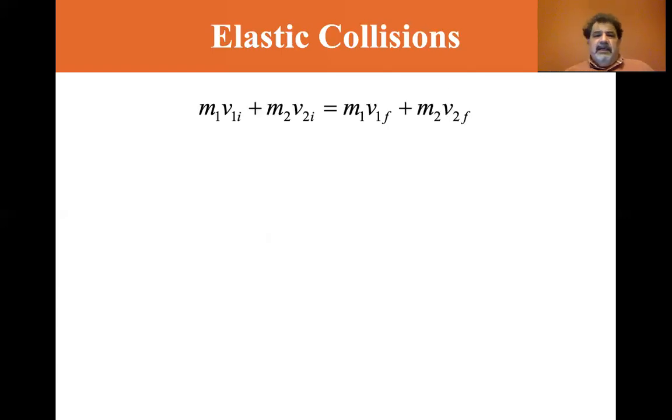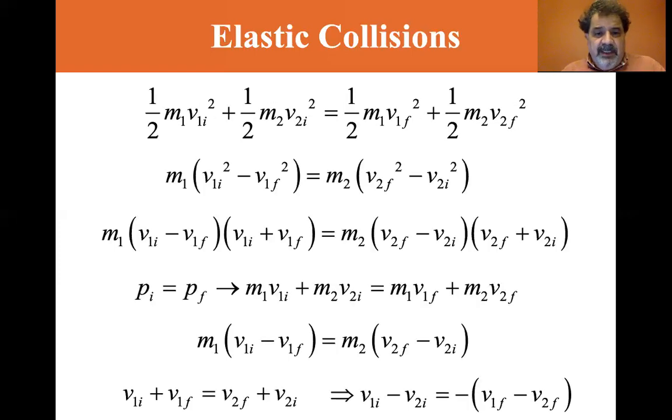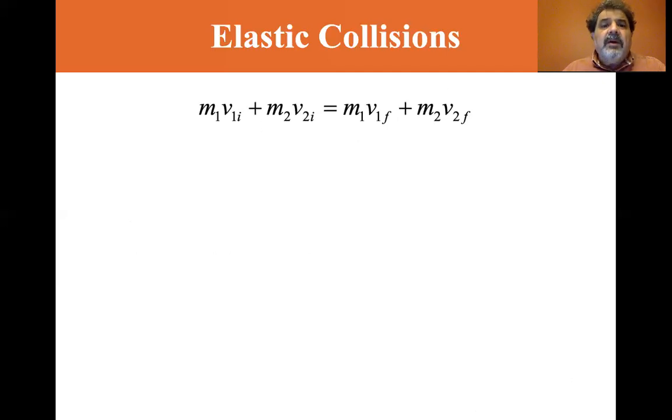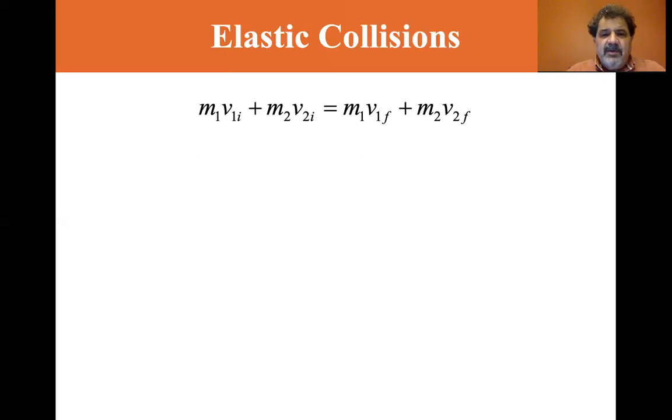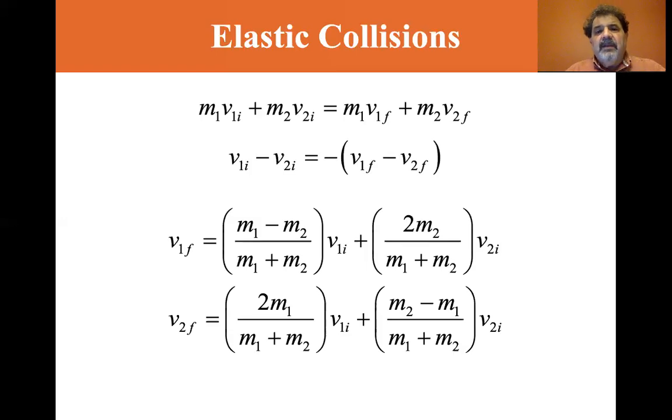Now, we're going to simplify this and come up with different conditions. This is just the conservation of momentum equation, M1 V1 plus M2 V2, initial and final, and then that's the equation that we just got here in the lower right-hand corner. Now, if we combine those, we get this equation.